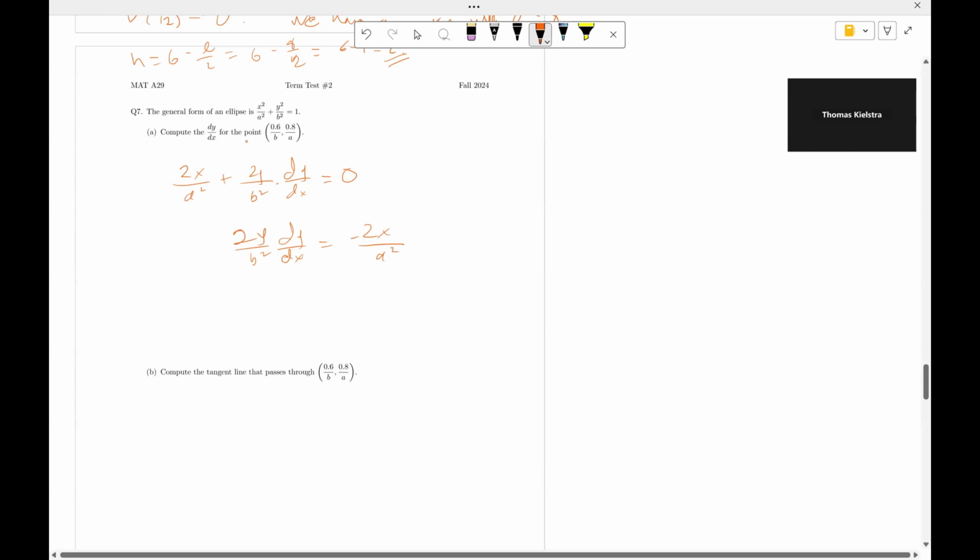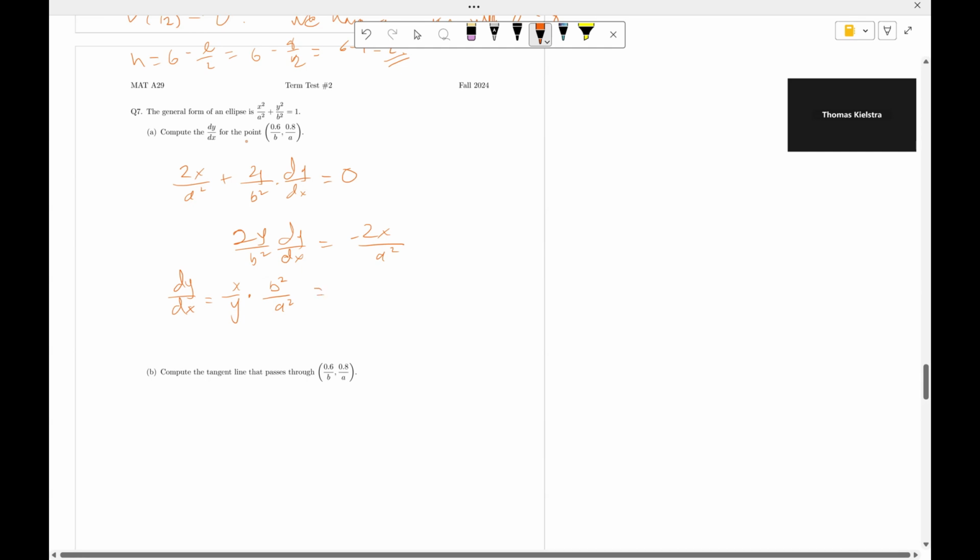Now cross multiplying gives me dy by dx equals x over y times b squared over a squared. And we're going to plug in our points.